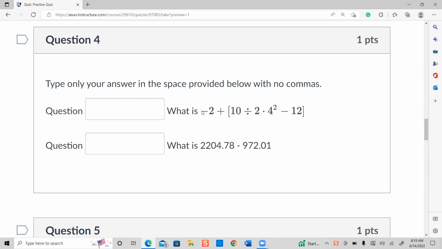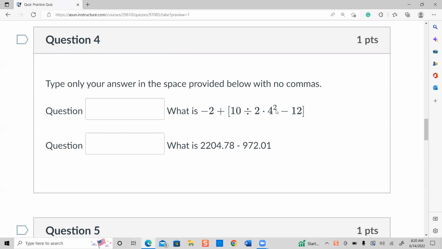And I notice here I got order of operations going on in the first question. It says -2 plus, and then there's a parentheses or a bracket here. So order of operations tells me that we have to clean up what's inside this bracket first. And then the next one in the order of operations is power. You've got to distribute the powers. So I see that I got 4 squared here.